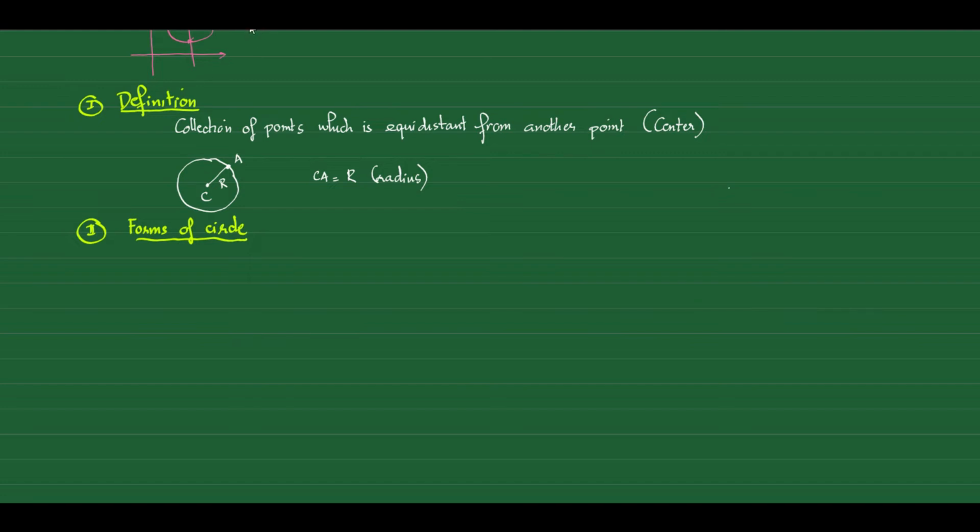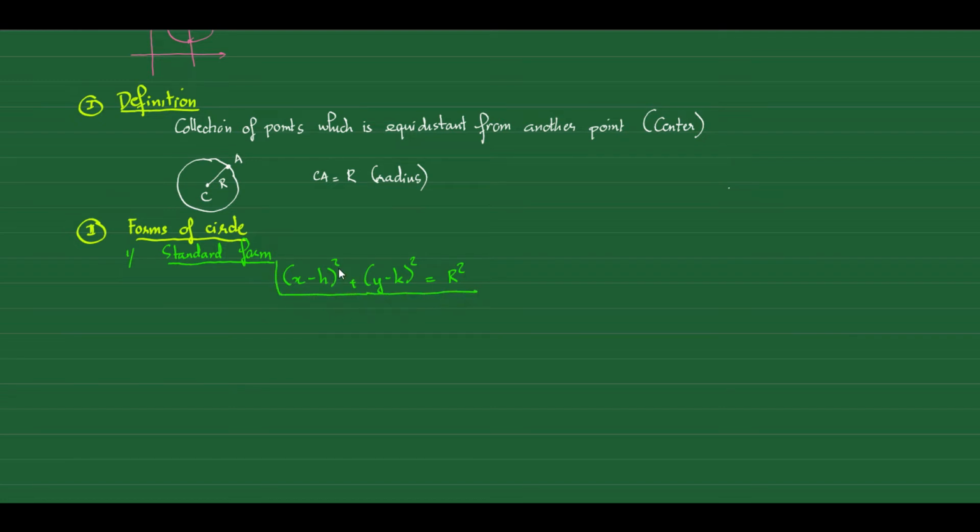The first form we call the standard form. Okay, and this is what a standard form looks like. The standard form is as follows: (x minus h) squared plus (y minus k) squared equals r squared. So this is the standard form of the equation of a circle.